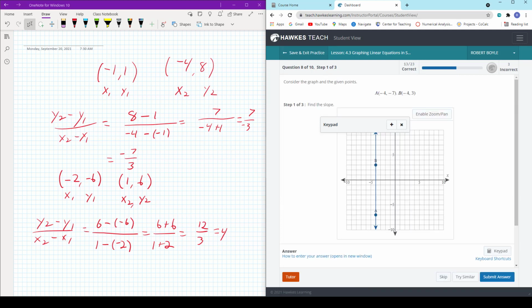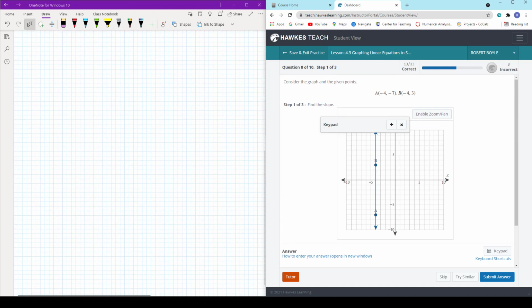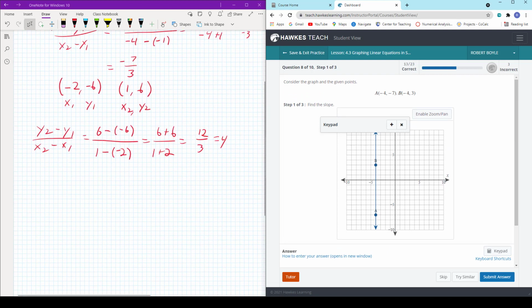Once again here, what can you tell us about this line? Well, if you actually tried to compute the slope for that line, you would get, let's go ahead and do it. Negative 4, comma, negative 7, negative 4, comma, 3, x2, y2, x1, y1.